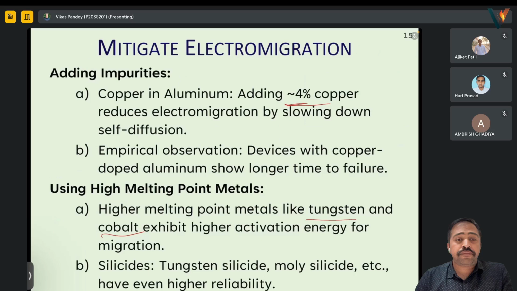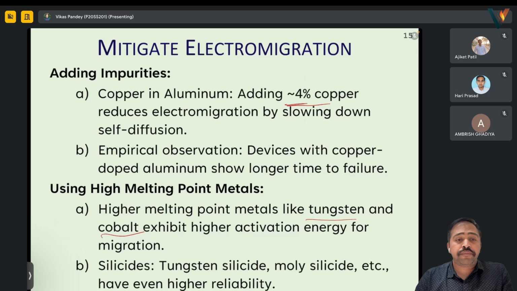So we might run such a redundant extra line parallel to this, so that if the first path fails, the second path will work. This minimizes resistance and increases the time to fail, because one line can fail but not all the lines fail at the same time. So such redundant metal or reservoirs are used to counter this problem.